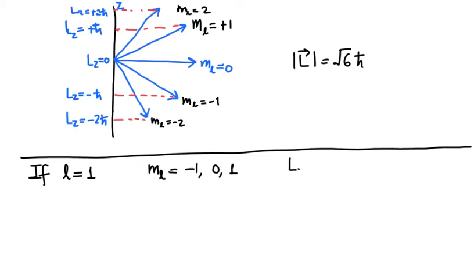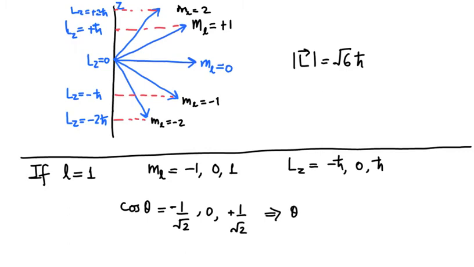And you can again find the angle as cos theta equals minus 1 by square root 2, 0, or plus 1 by square root 2. That means theta values are 45 degrees, 90 degrees, or 135 degrees. Now we got the square root 2 value because the magnitude of the L vector is square root 2 h bar.